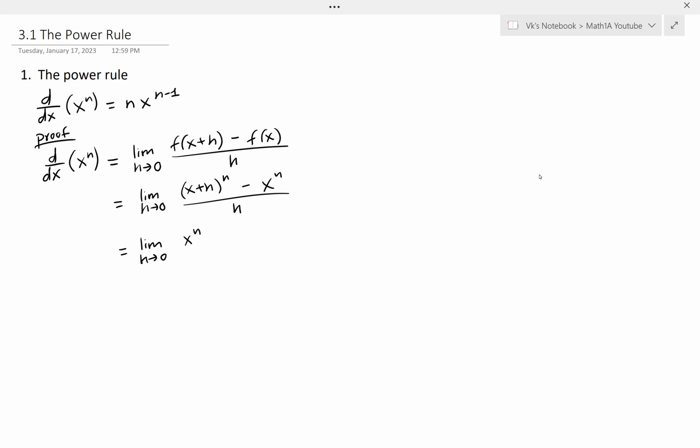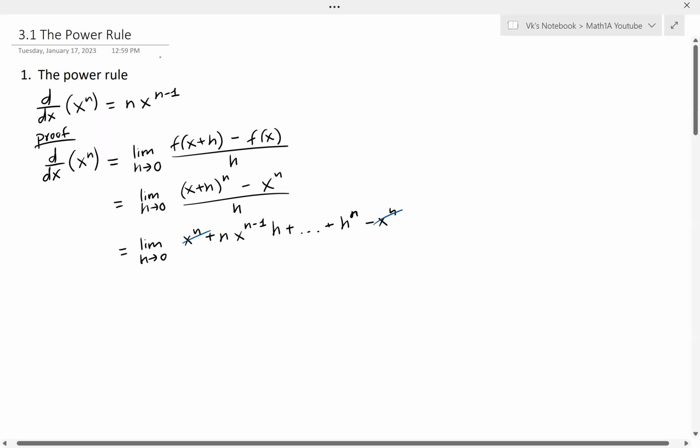We get x to the n plus n x to the n minus 1 h plus and so on, plus h to the n, minus x to the n. Notice that x to the n cancels out on the top, and on the bottom we have h.